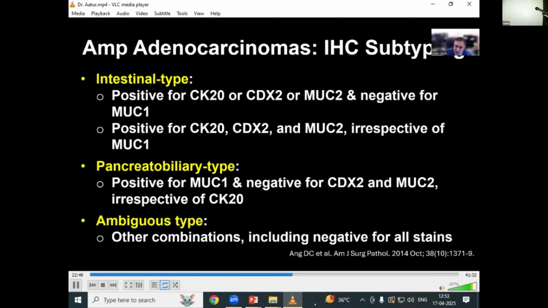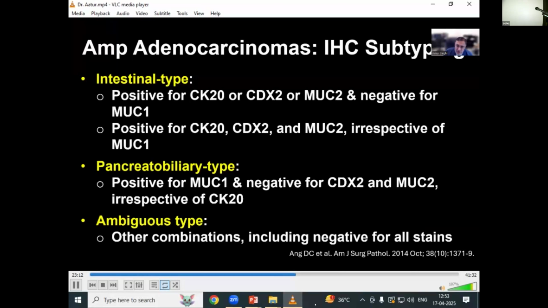Immunohistochemical subtyping is based on a relatively large study done at Memorial Sloan Kettering, probably about a decade ago, that defined intestinal type adenocarcinoma as positive for the intestinal markers such as CK20, CDX2, or MUC2, but strictly negative for MUC1, typically a pancreatobiliary marker.